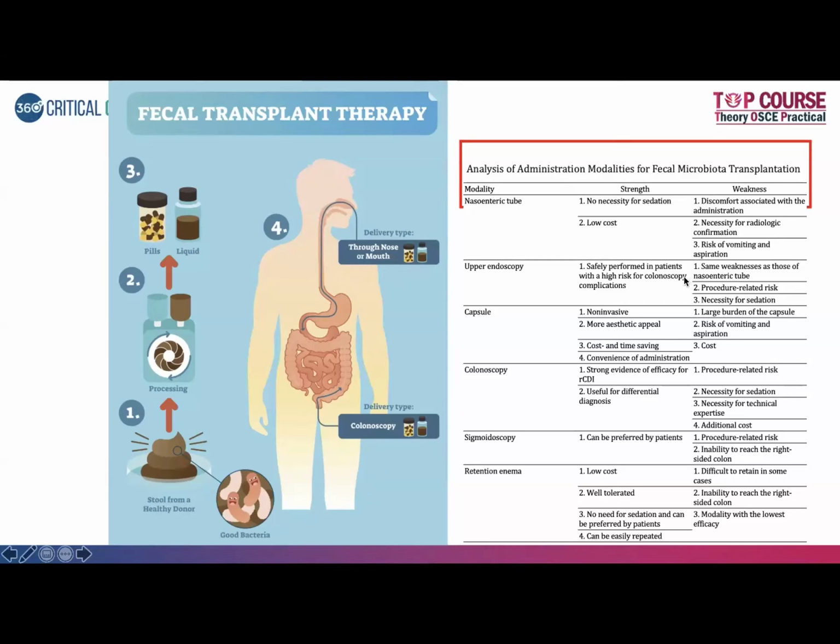Upper endoscopy can be done, but this is also a procedure. Capsule, very easy to administer. Colonoscopy, procedure related risk, additional cost. Sigmoidoscopy, same. Retention enema. So these are the six methods wherein it can be administered.